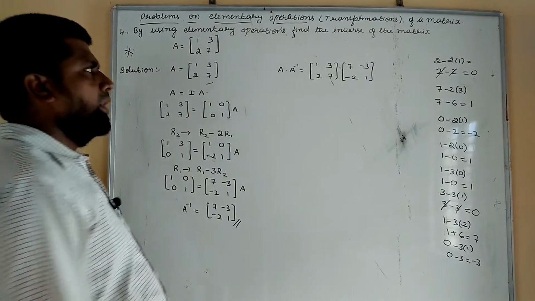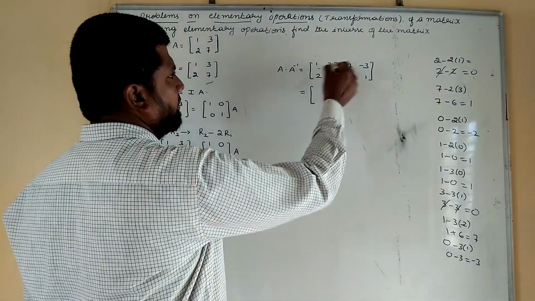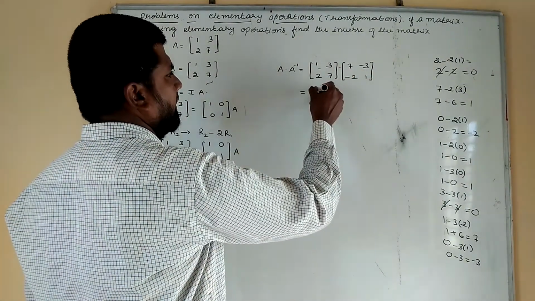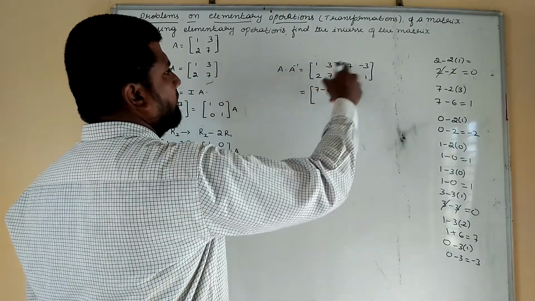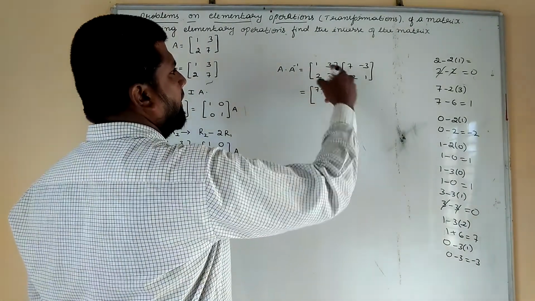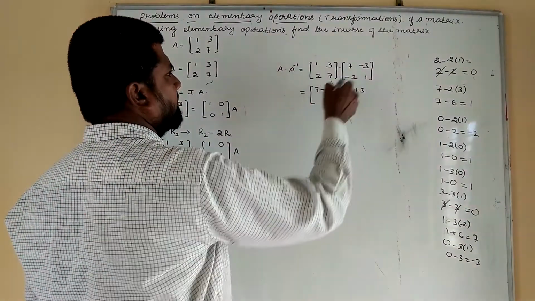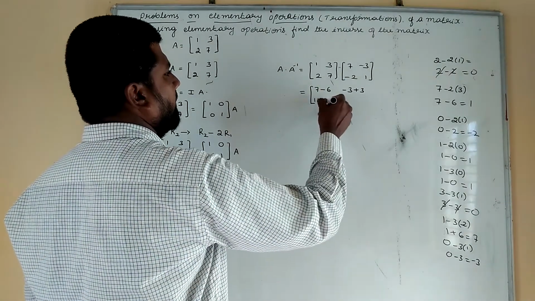Let us multiply. You know how to multiply. In the multiplication of these two matrices, the first row should be multiplied with the first column. 1 into 7 is 7, then 3 into minus 2 is minus 6. First row, second column: minus 3, then 3 into 1 is 3. Second row, first column: 7 twos are 14, minus 14.